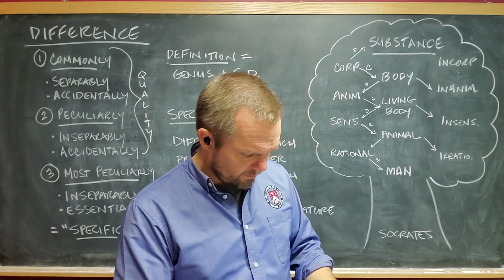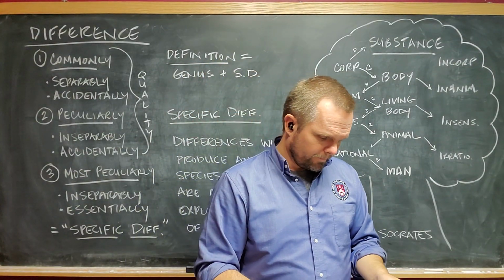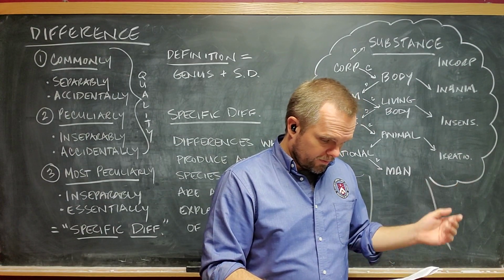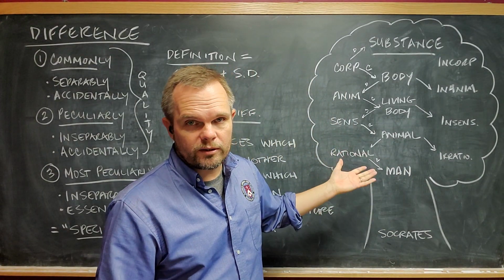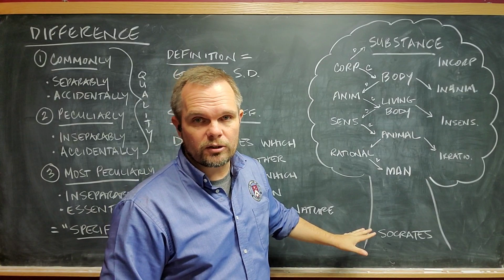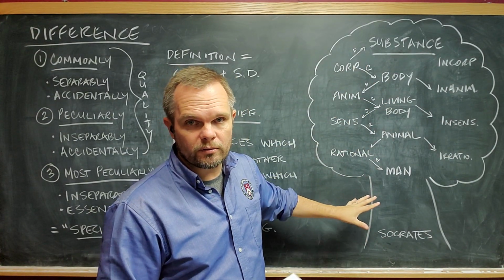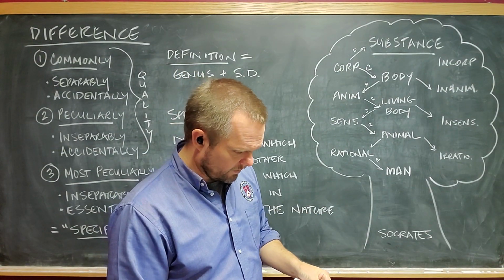So in some of these paragraphs, you'll see him using the terms divisive and constitutive, and this is what he's referring to. So I hope that image of the tree helps, and you can watch this video again and allow me to go through that explanation again. What you see here in this image will help to understand what Porphyry's talking about in some of these paragraphs.